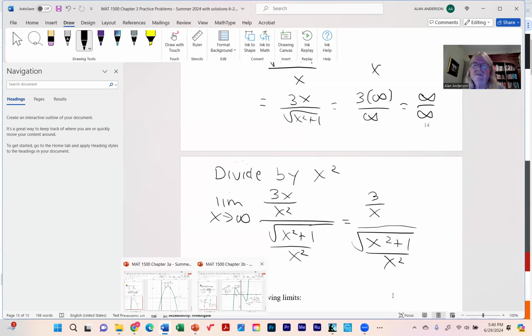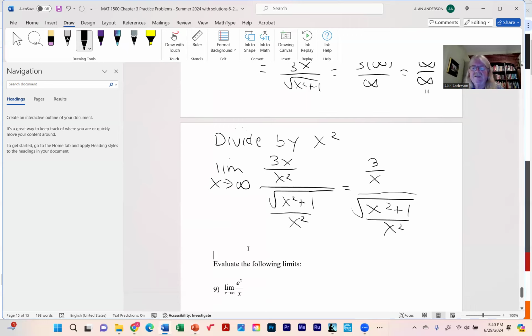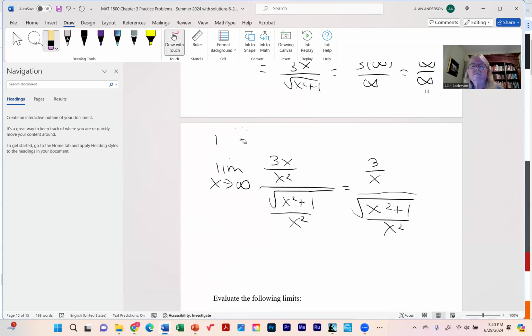I know what the problem is. It's the square root that's holding it up. All right, let's get this out of here.